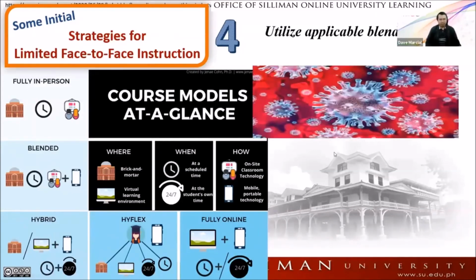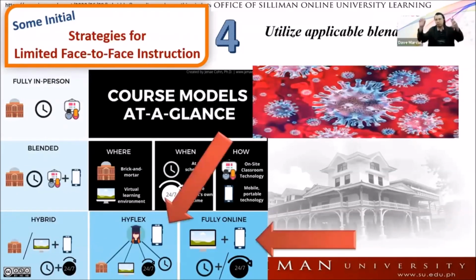But in this type of high flex model, we have to consider, as I mentioned, the two groups of learners in our class, the students who can do high flex and the students who cannot do high flex but can do fully online. How are you going to mix them in one preparation?